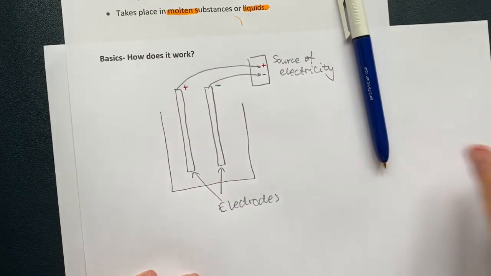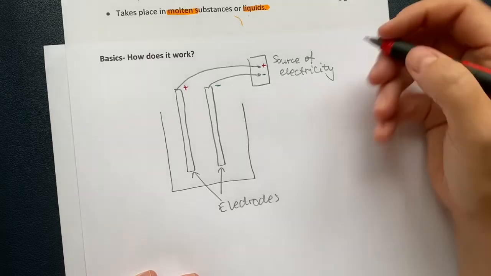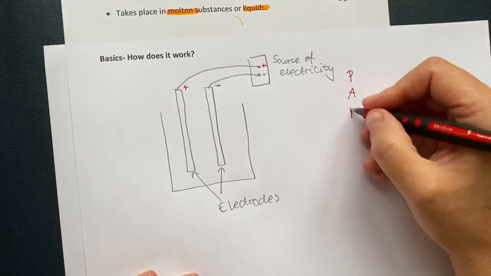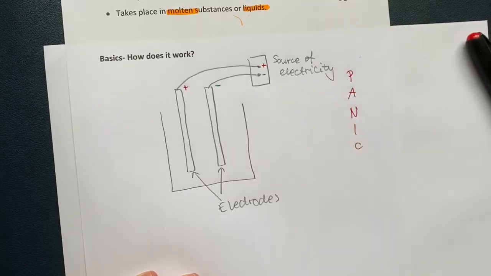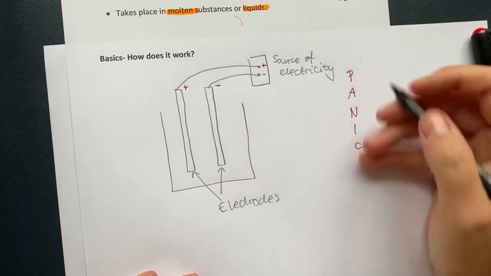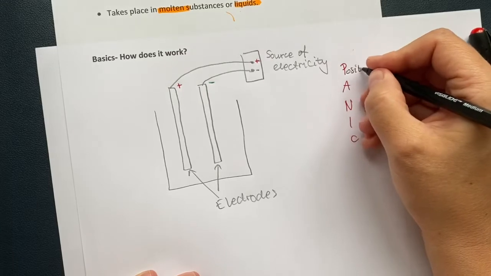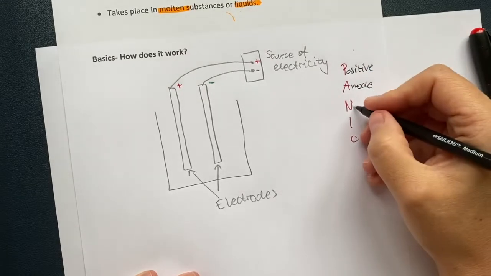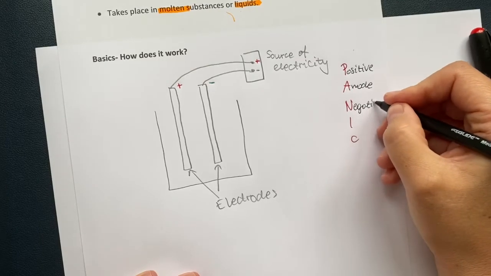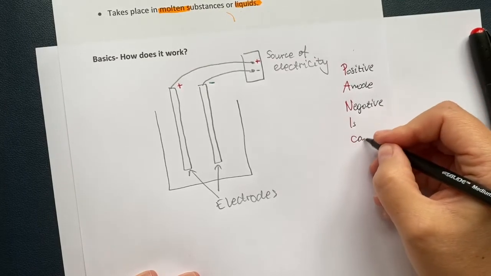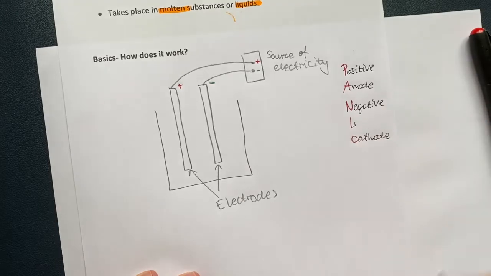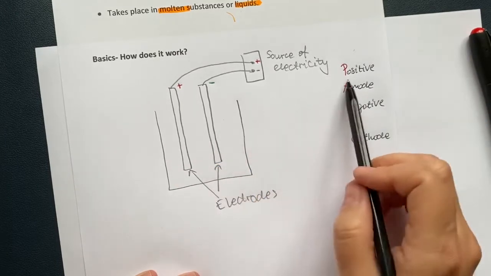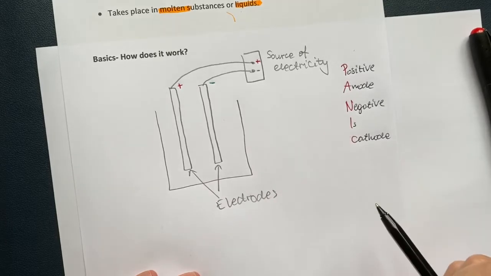Those electrodes also have names. The easiest way to remember is PANIC: positive is anode, negative is cathode. So positive is anode, negative is cathode. PANIC, the easiest way to remember.